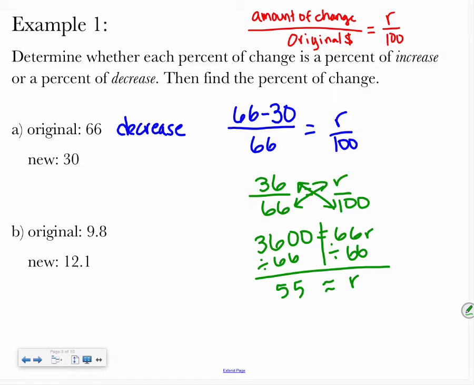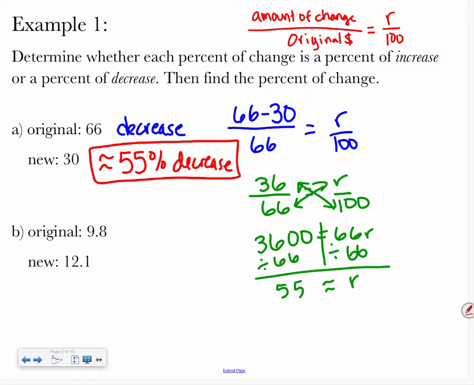So that means it's approximately a 55% decrease. And that's how I would write my answer. I just wrote this here earlier as a reference to remember. It doesn't work out perfectly to 55, but I just kind of estimated there a little bit.